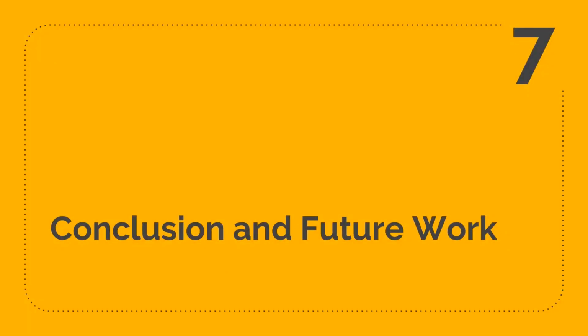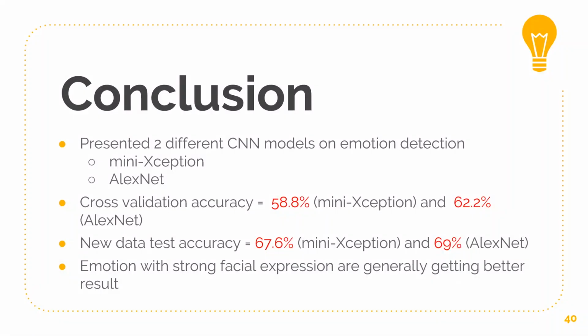Now, let's look at the conclusion and future work section. To conclude, we presented two different CNN models for emotion detection, mini-Xception and AlexNet. We found that the cross-validation accuracy is 59% for mini-Xception and 62% for AlexNet. On the other hand, we tested our models with some new data, and the result is that mini-Xception has 68% and AlexNet has around 69%.